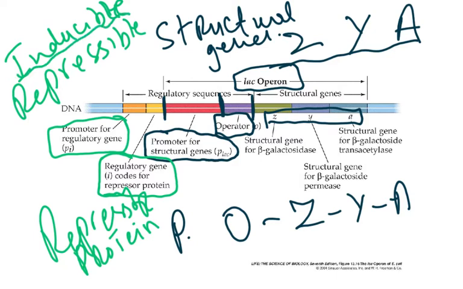Inducible, which can be made to be produced, some sort of a protein or an enzyme. Repressible means something which is being produced but then can be stopped. So inducible, something which can be induced to make a protein or an enzyme when a substrate is present, and repressible means it's happening regularly, normally, and we need to stop it.